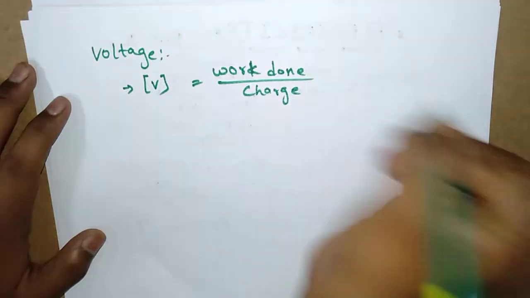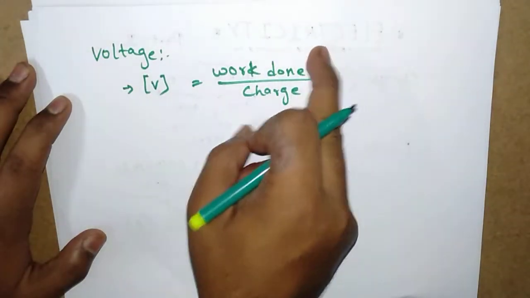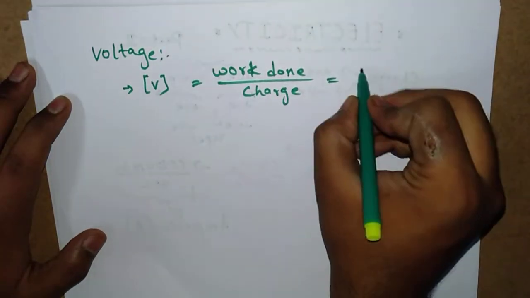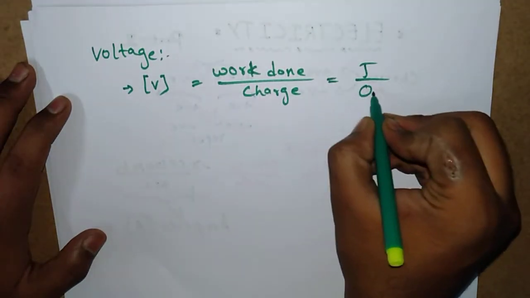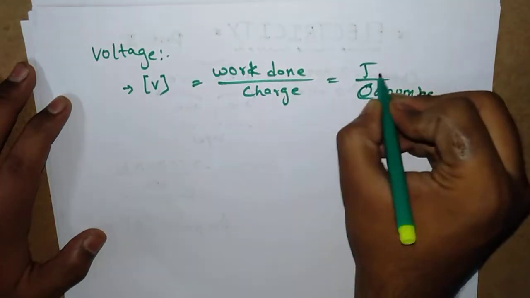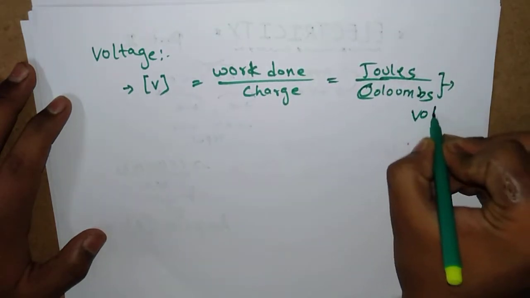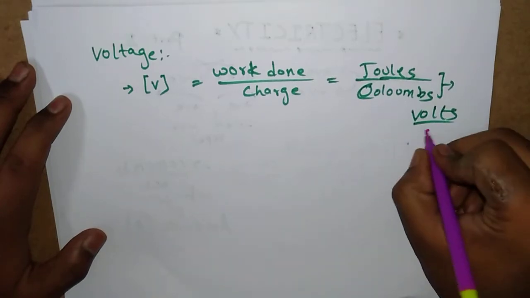Whatever force is applied by the electric field to an electron, the electron moves from one place to another, and by moving, some work is done. So voltage is defined as the work done per charge. The unit for work done is joules, and the unit for charge is coulombs, and joules per coulomb is nothing but volts, which is denoted by the letter V.